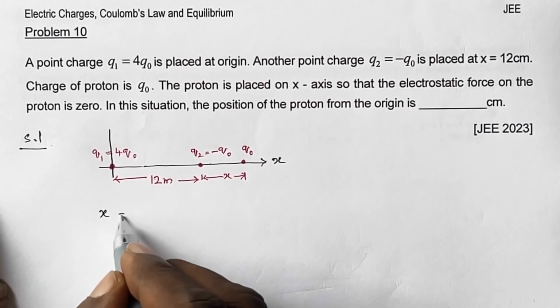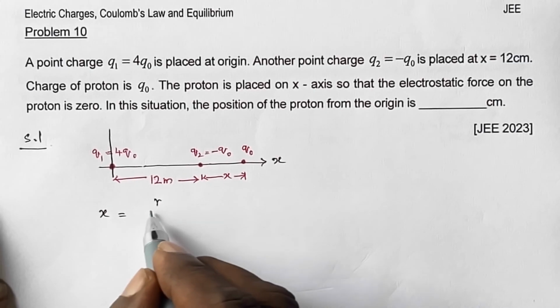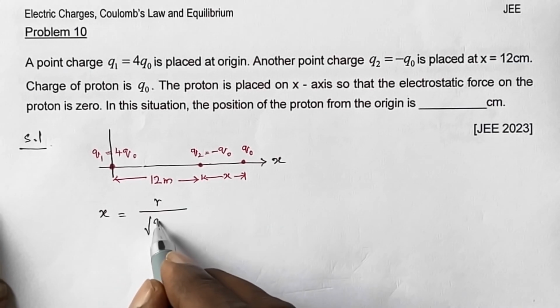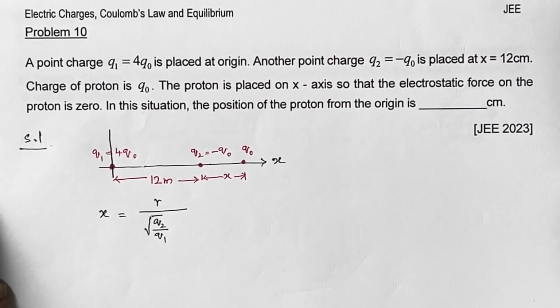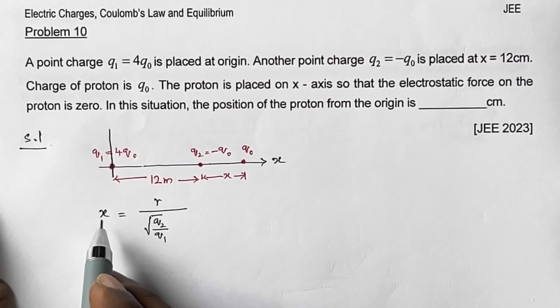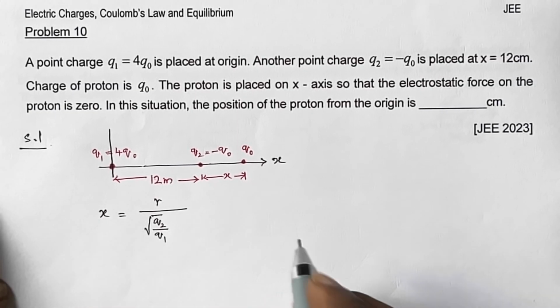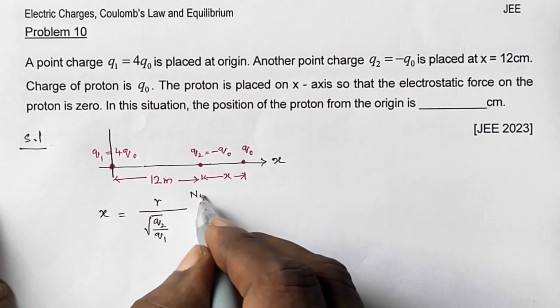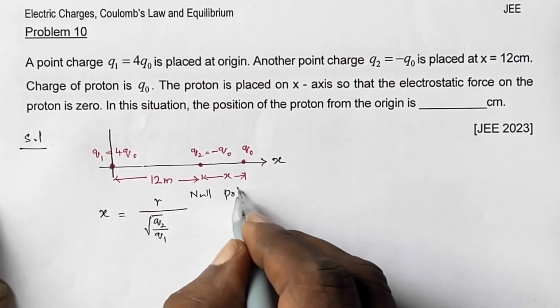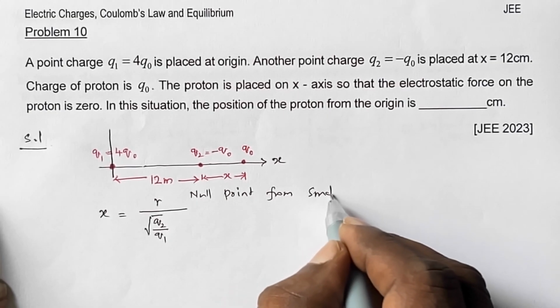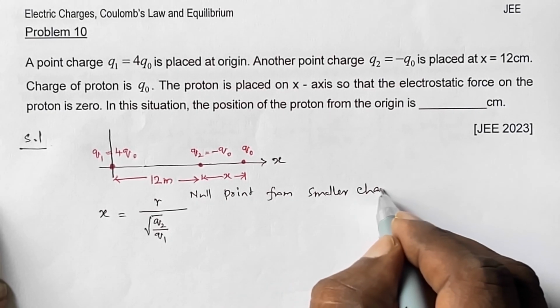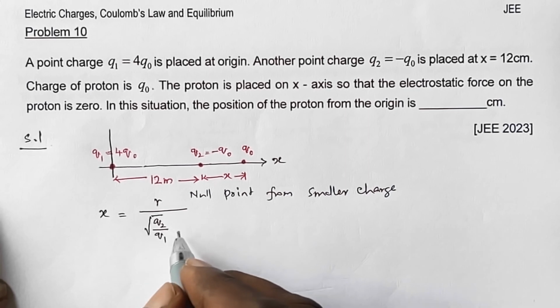X is equal to R by root of Q2 by Q1, Q2 must be the big one, Q1 must be the small one. So null point from smaller charge, this formula is this one.